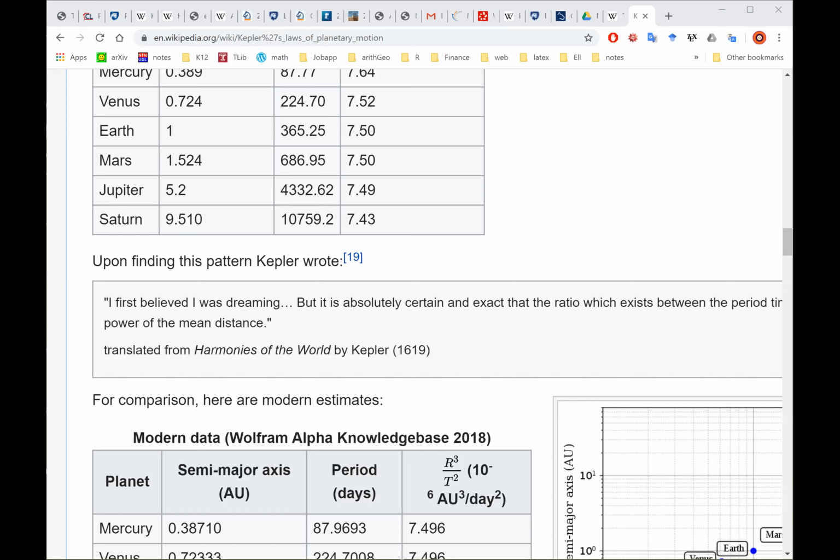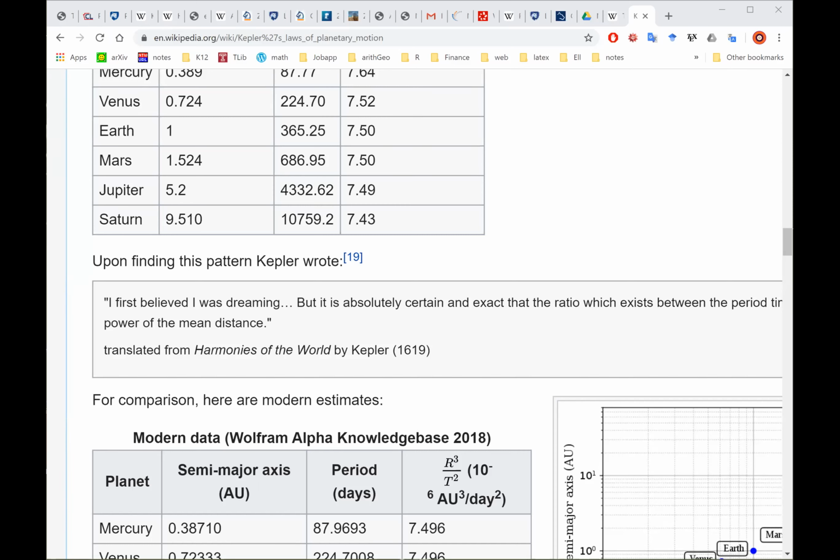There was also some copyright issue, as the copyright of the data was believed to be given to Tycho's son-in-law. Now, let me make some remarks on Kepler's laws.